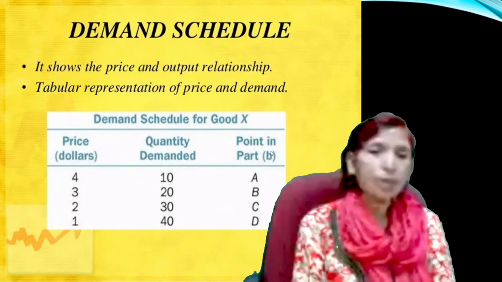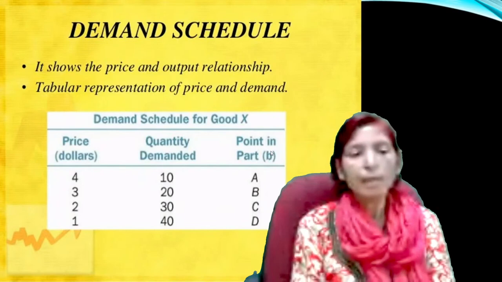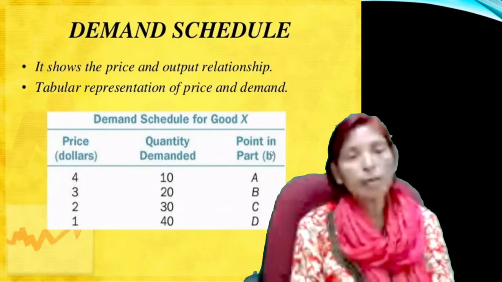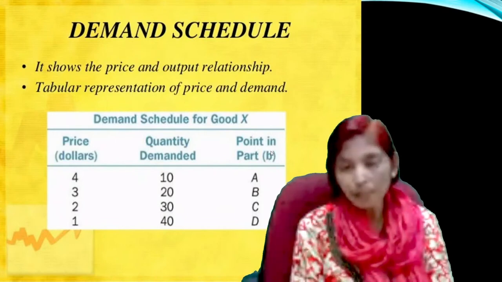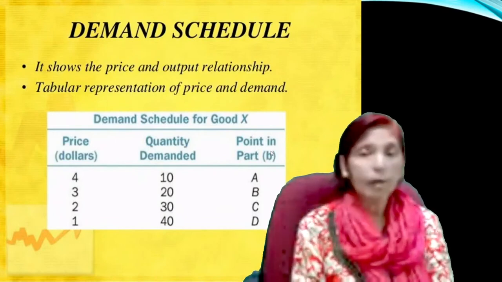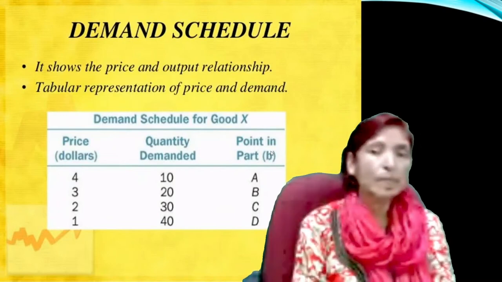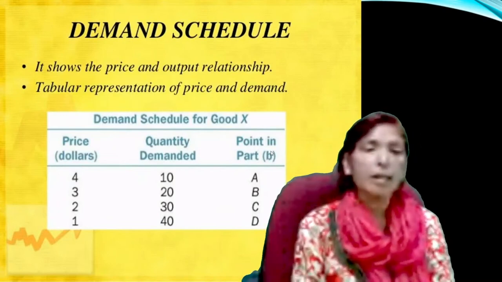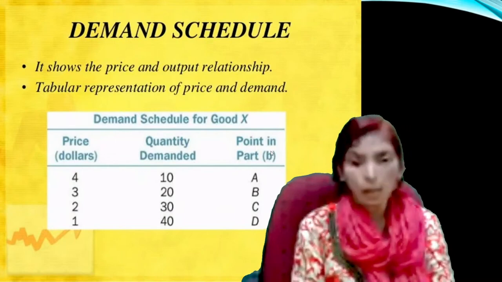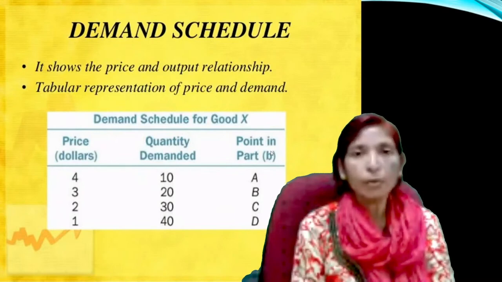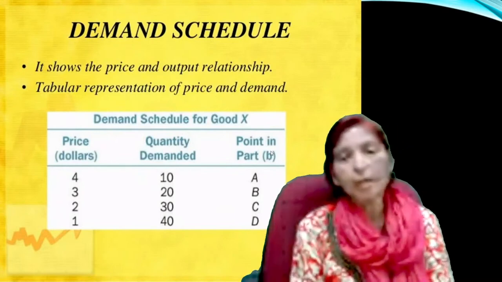Here in this schedule, prices are given like 4, 3, 2, 1. What type of prices are given? Falling prices. Price is falling. Then what will happen? Demand will rise. At lower price, you know that demand will be higher, and at higher price, demand will be lower. So if price is falling like 4, 3, 2 and 1, then demand will rise.